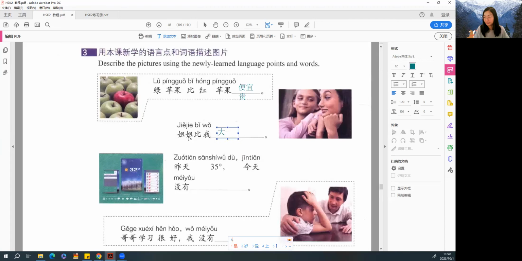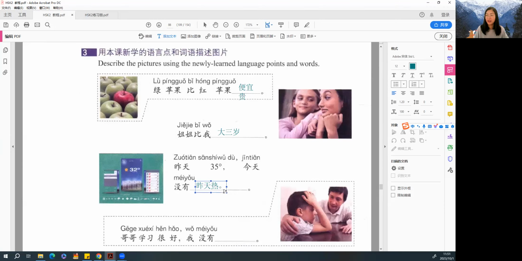姐姐比我大3岁. Next, the title 昨天35度今天没有. So in the picture we can see that 今天 is 32 degrees centigrade. 今天没有昨天热还是冷呀？热 or 冷. 热 is warm, 冷 is cold. So 今天是32度，今天没有昨天热.